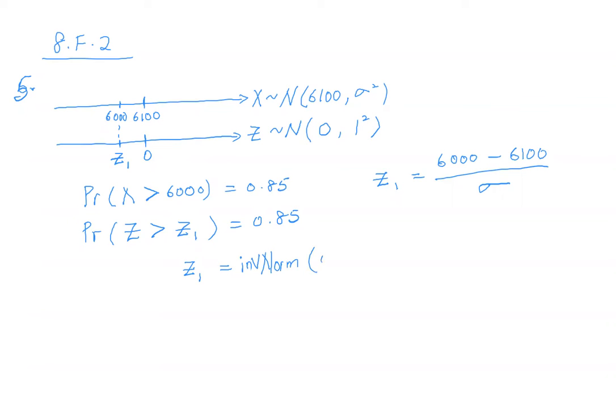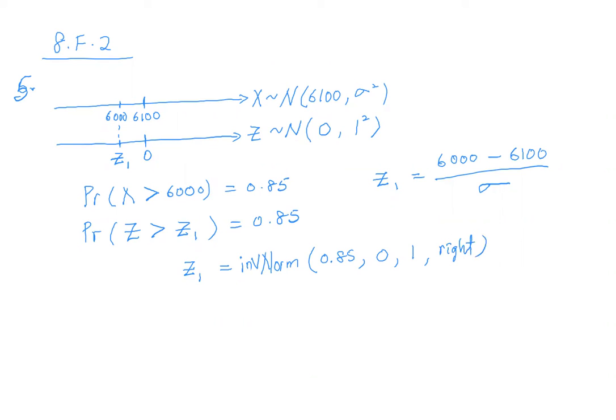Inverse norm, 0.85. Do you know the mean for Z-score? Yes, 0. Do you know the standard deviation for Z-score? Yes, 1. And this is to the right.